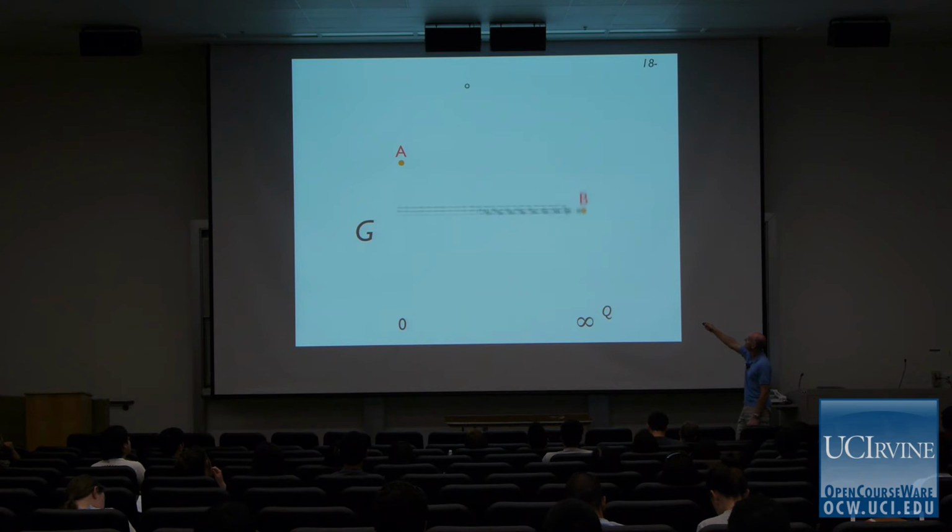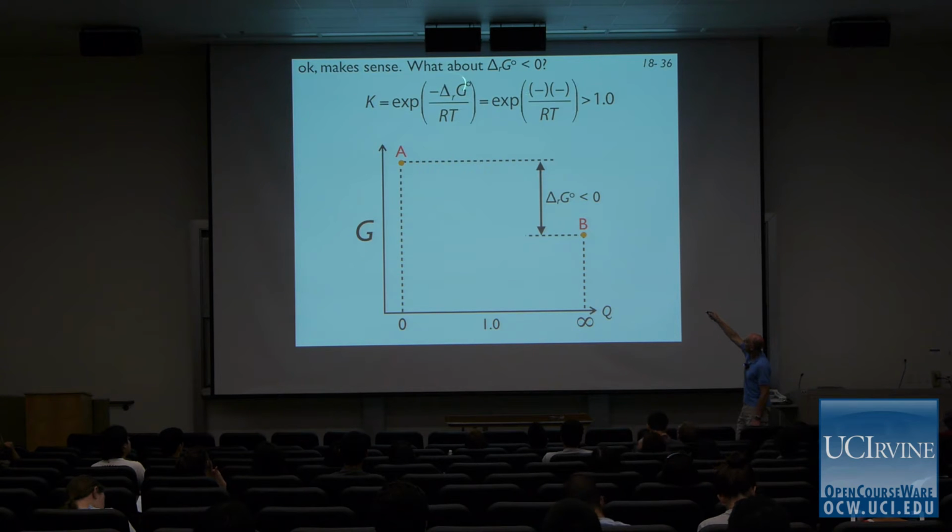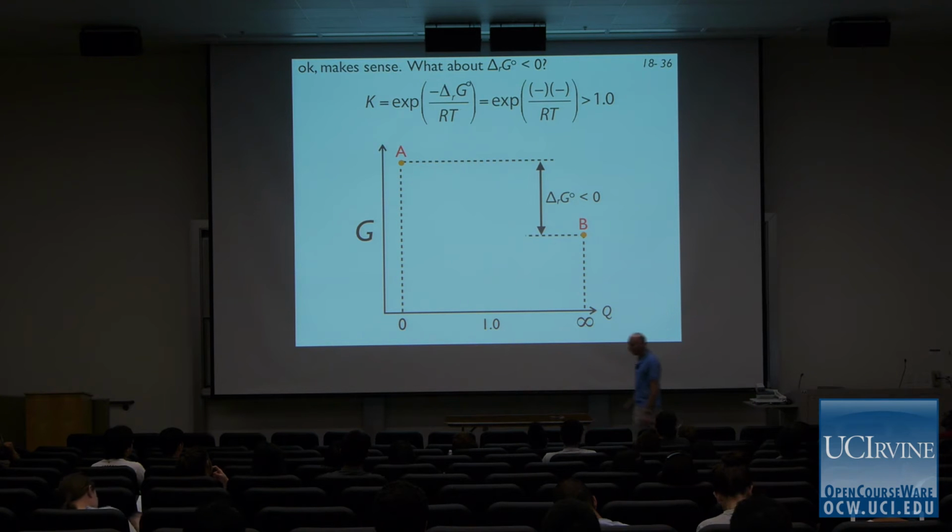On the other hand, what if this standard reaction Gibbs energy is negative? We've got a minus sign here, and if that thing is also minus, we're going to have a minus times a minus is a plus. And the EXP of any positive number is going to be greater than 1. Here's that case. Standard reaction Gibbs energy is, sorry, negative, final minus initial.